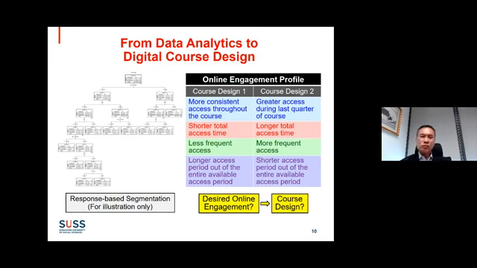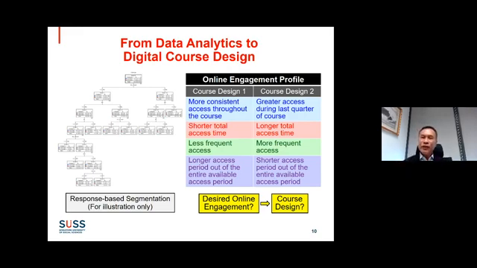Right? Now, after deriving these findings, the question is not which is right and which is wrong. Rather, now we have two different course designs. We know from the data, and from data mining of the data, what kind of online engagement behavior or profile is associated with each course design.